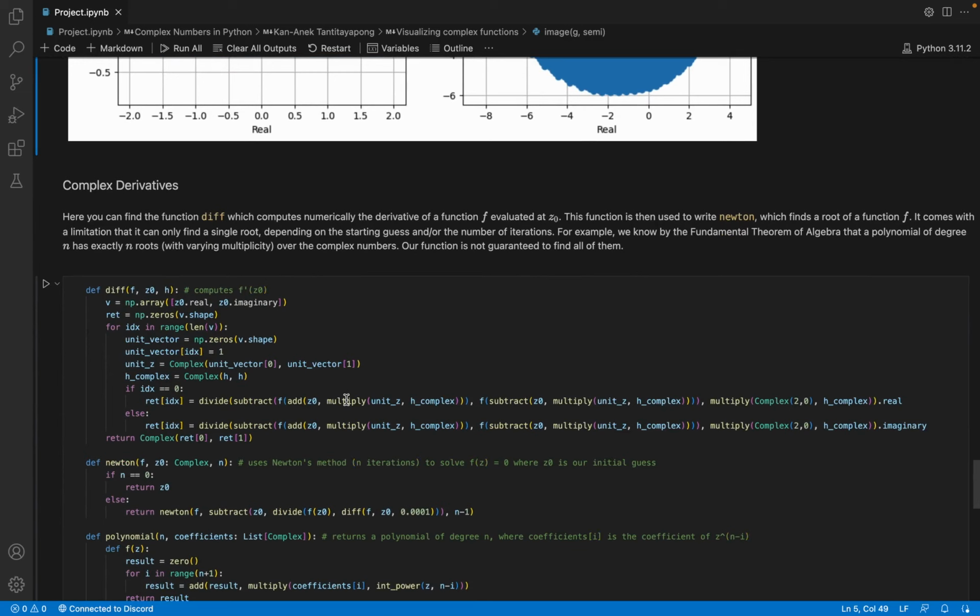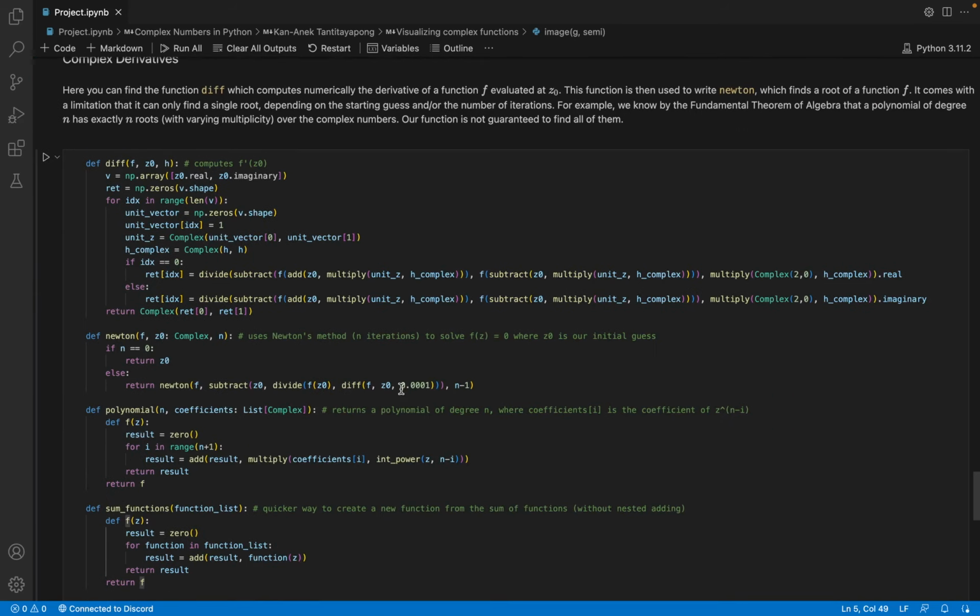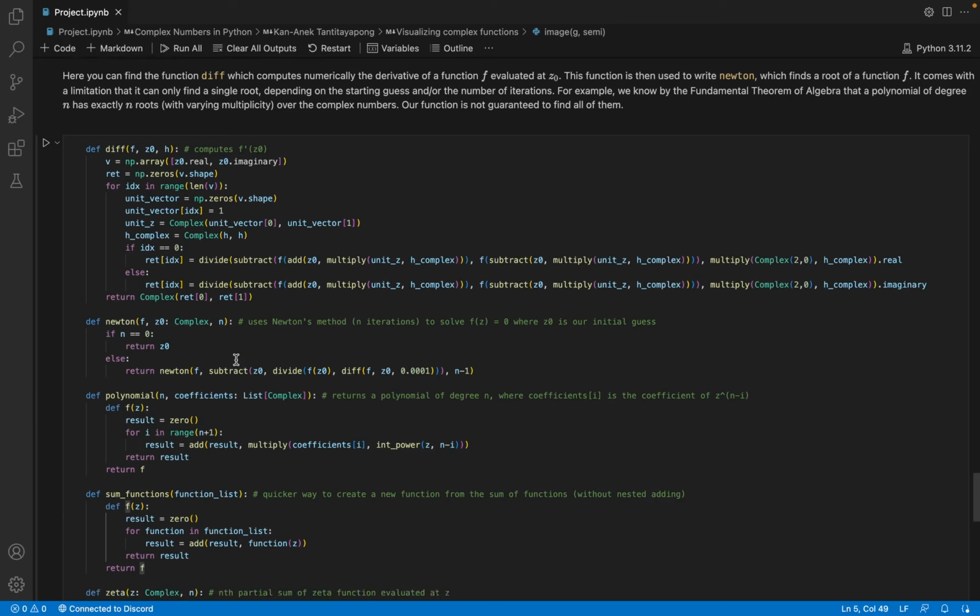Next section is the complex derivatives. So we have this function diff, which computes f prime of z. And by the way, this h is just the parameter having to do with the difference quotient. Now that we have f prime of z, we can do Newton, which is given by the same formula as in real variables.